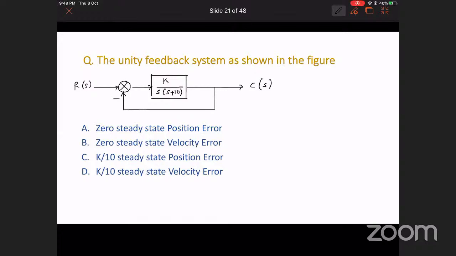I'm sure you remember when it is position, the input is unit step. When they say velocity, the input is a unit ramp. As you can see in this problem, there is no acceleration word, so you don't have to worry for the third input. You have to worry only for 2 inputs, a position input and a velocity input.